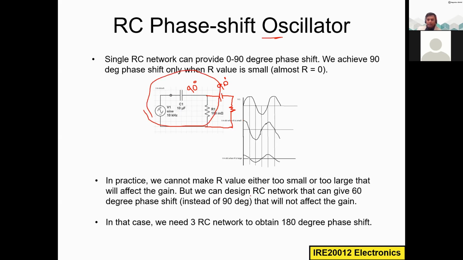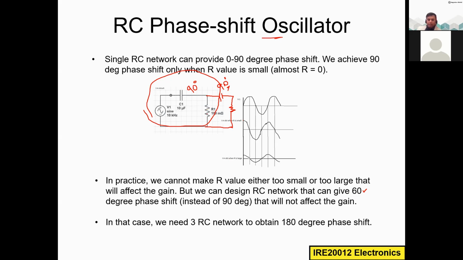But we can design an RC network that gives 60 degree phase shift. If you want to get only 60 degrees instead of 90 degrees, then you can use some reasonable value for this resistor R. For example, here I used 100 kilo ohms, which is a reasonable value, and that value is also available practically.